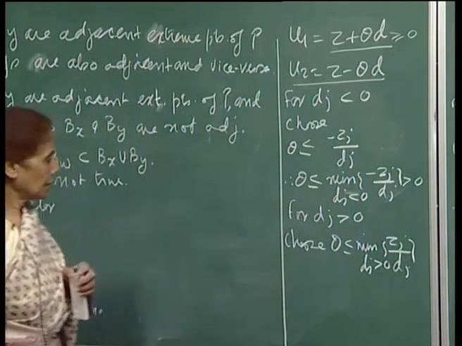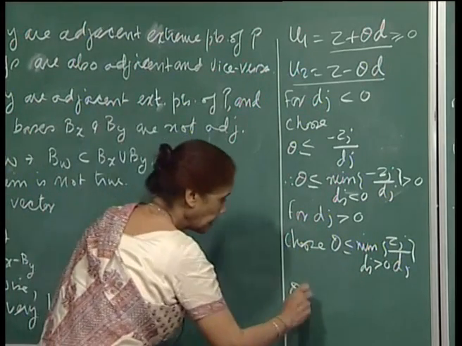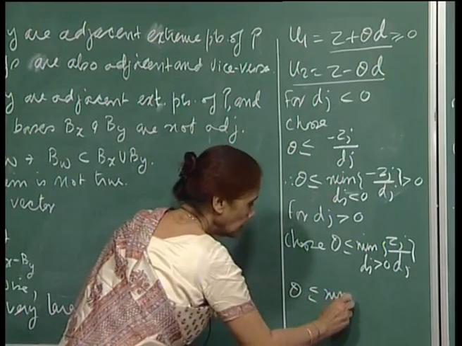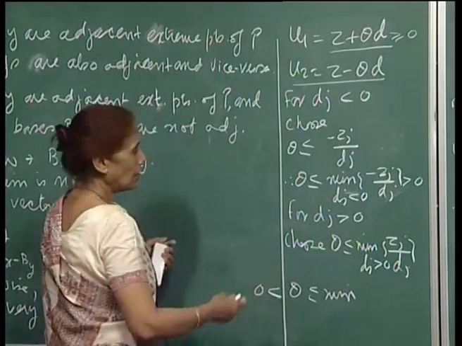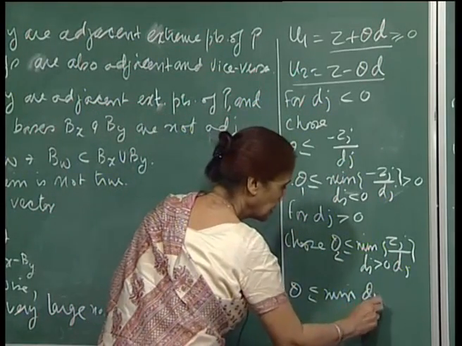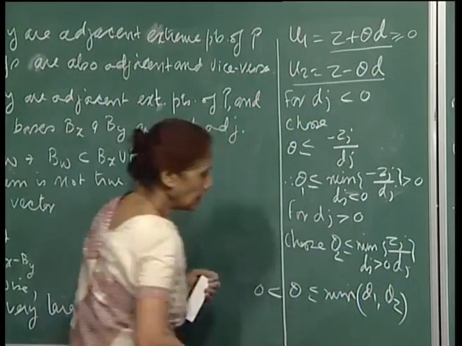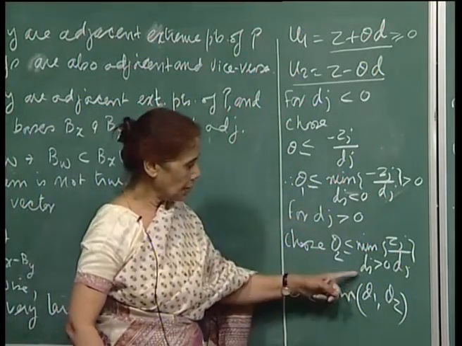Maybe I can call this theta 1 and this theta 2. So, I choose theta to be greater than 0 and less than or equal to the minimum of theta 1 and theta 2, or in other words, a theta which satisfies both these inequalities.